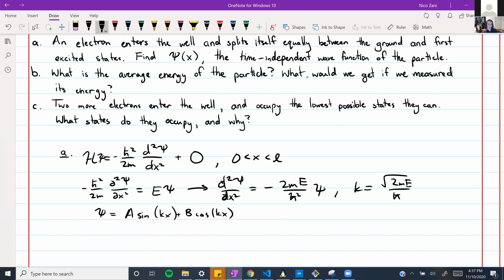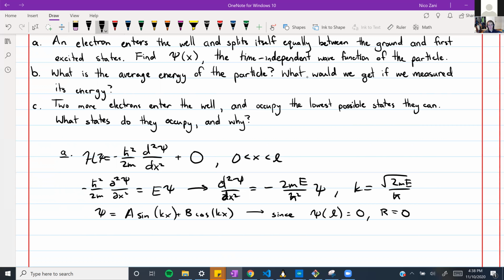Great. But the question is, what are these solutions? Well, that's when we start plugging in boundary conditions. We know that at 0 and at L, psi has to go to 0. That will immediately say that B equals 0.